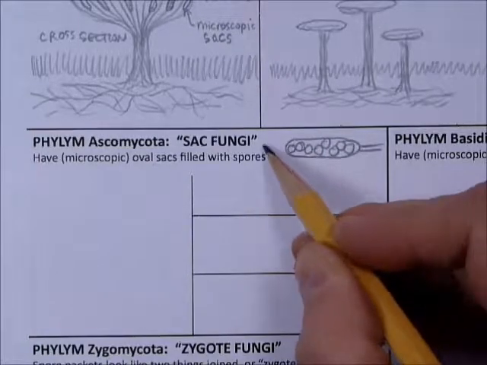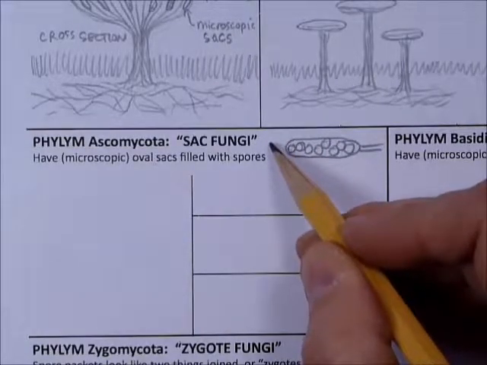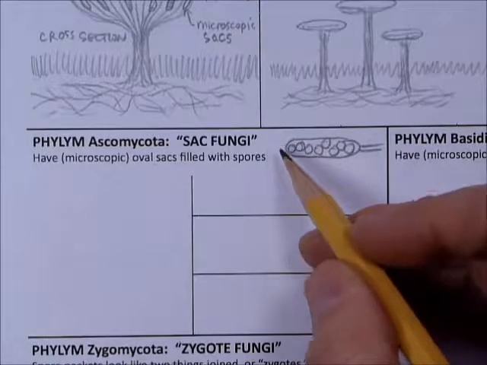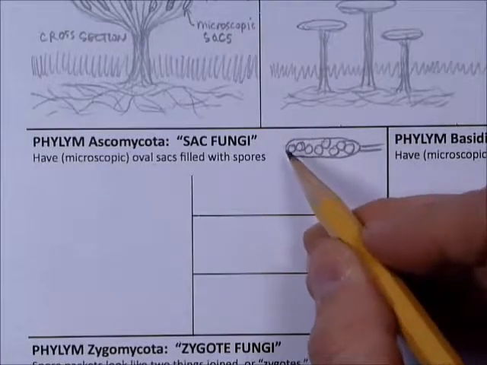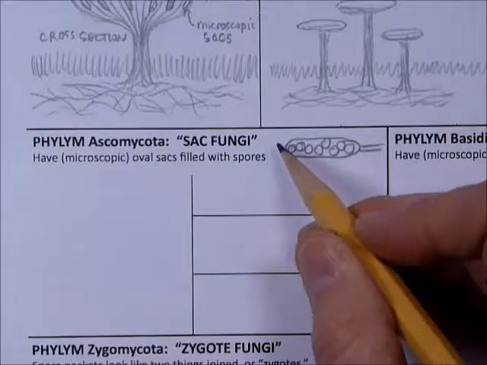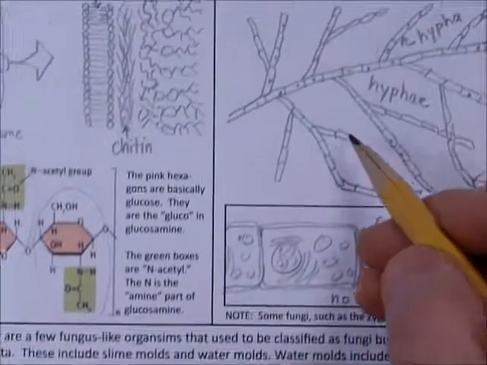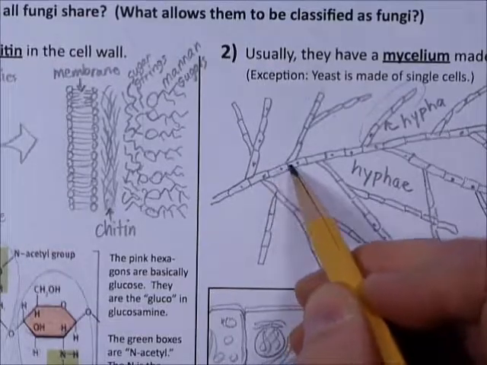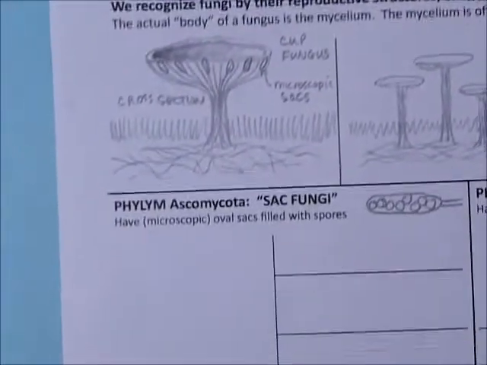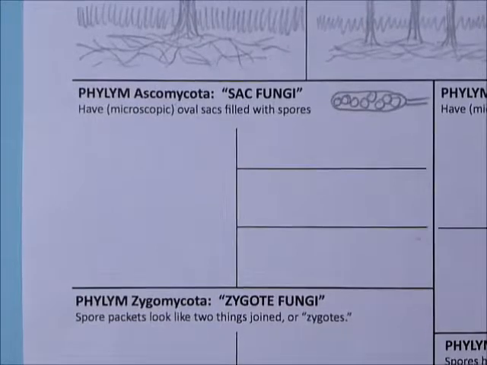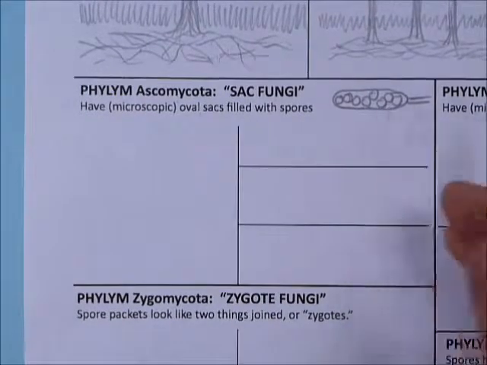One of these could pop out, land in the dirt somewhere, on a slice of bread, or wherever it's going to land and grow, and then it will start duplicating itself, and it will become one of these cells, and it'll start duplicating, and it'll grow into a mycelium. So that's where the sac is.